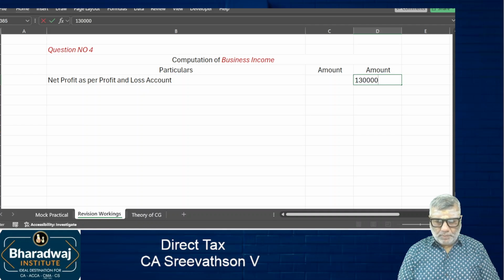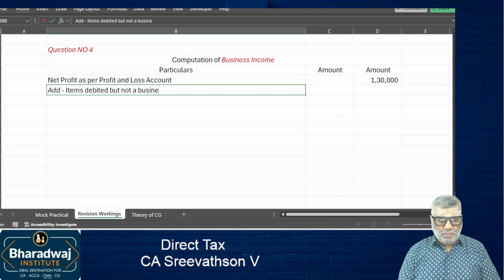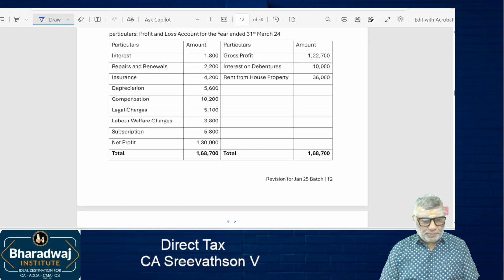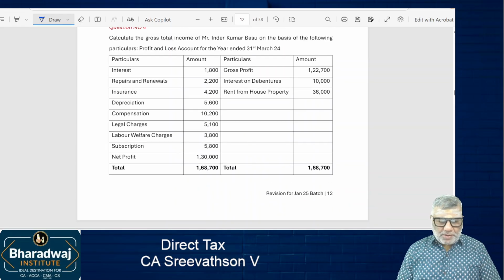$1,30,000. But not a business expenditure. Interest 1,800 includes 200 and 300.